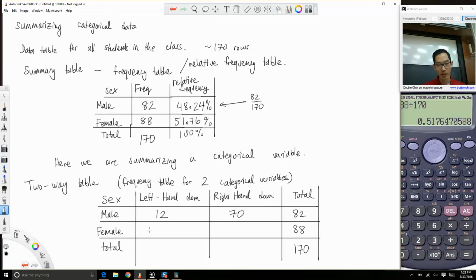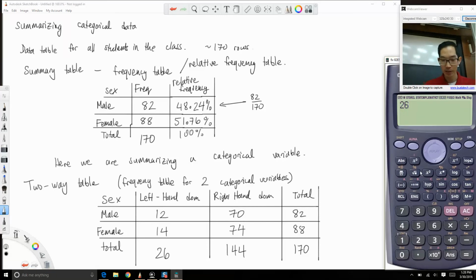Let's say I have 14 over here, which means I've got 74, if I can add. So we have a total of 26 here and 144. I think I did this correctly. Yes.